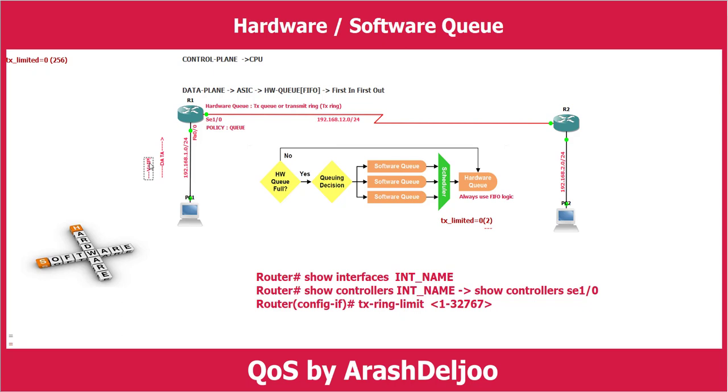Both of these types of traffic are going to one destination, 192.168.2.0. All of it should be sent over the serial 1/0 toward the destination. Because of that, both of them are waiting to be forwarded on the serial 1/0.